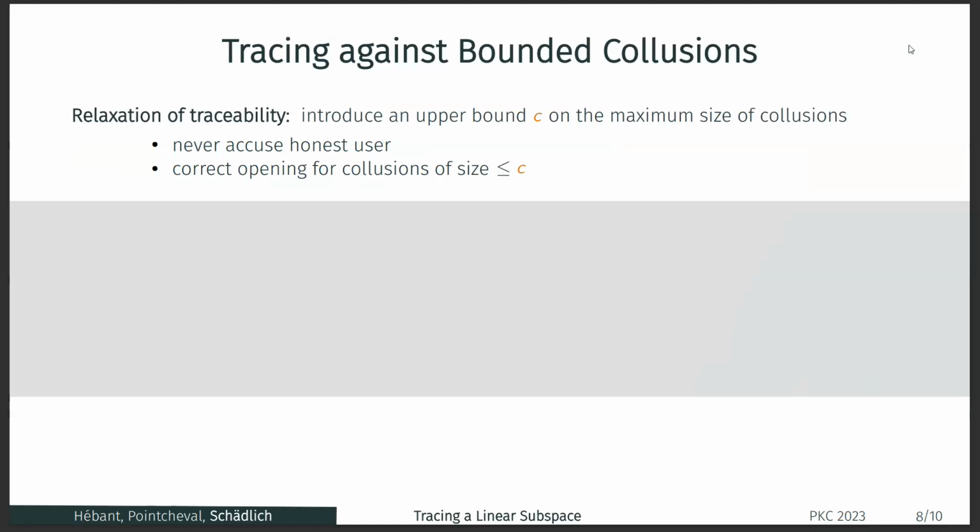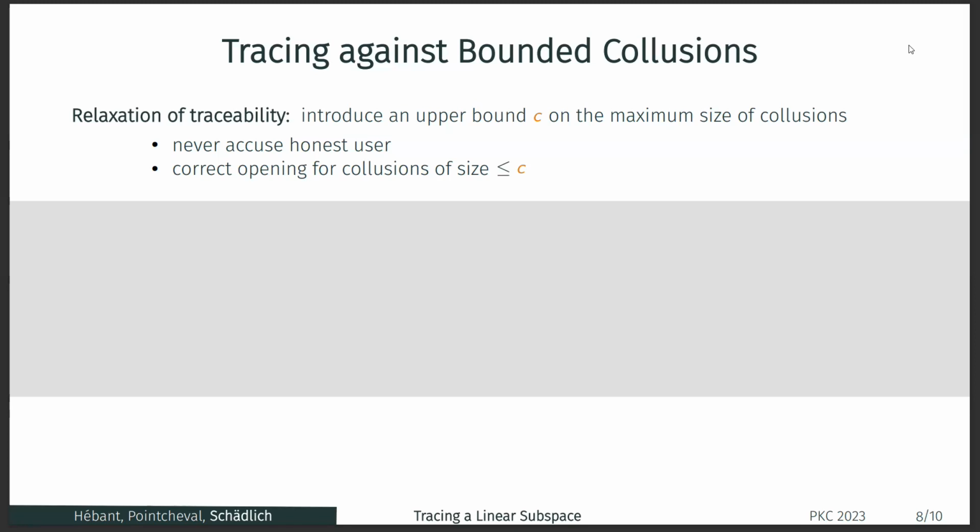And for this reason, we consider a weaker notion of traceability, where we introduce an upper bound C on the maximum size of collusions that we are able to trace. So specifically, what we are able to guarantee is that we still never accuse an honest user, regardless of the size of the collusion.